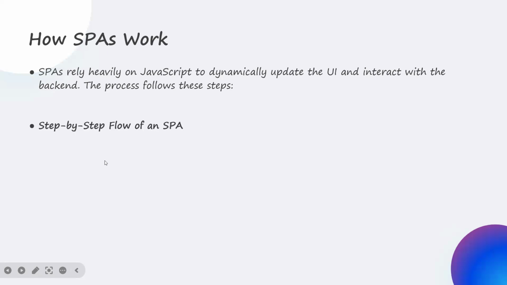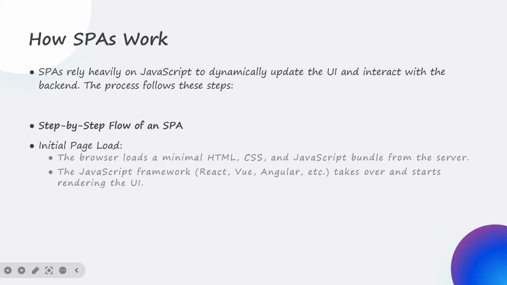The first step we are going to take a look at is the initial page load. You saw when I reloaded our website, the browser first of all will load a minimal HTML, CSS, and JavaScript bundle. I showed you all those JavaScript bundles that came from the first request I made. All those JavaScript came along.